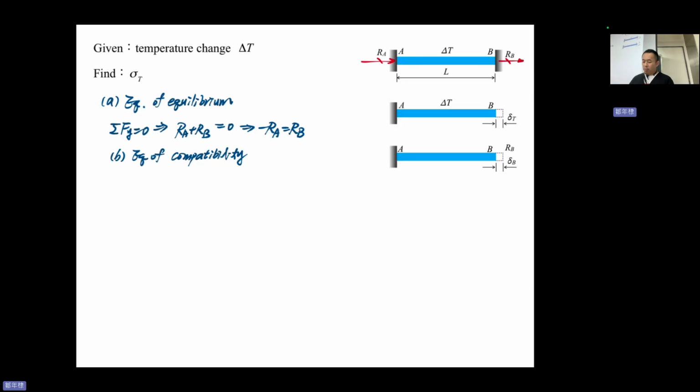Okay. But the real case is that it does not elongate. The reason is that RB pushes it back.